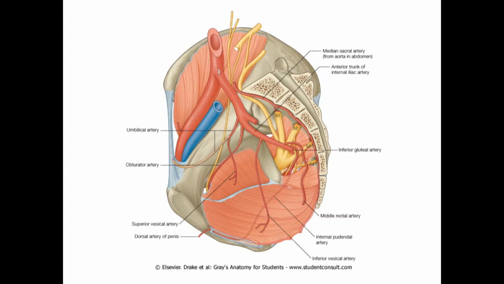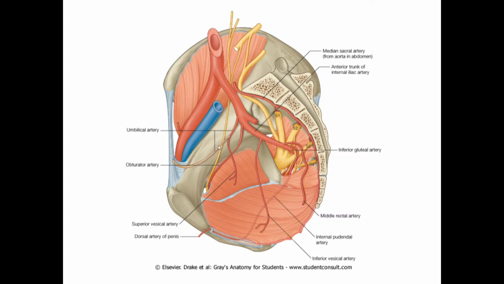This is our common iliac, then internal iliac, external iliac, posterior trunk, and anterior trunk, right? And here we are starting. This is our umbilical artery. The easy thing to remember is that the names are exactly the same as what they supply, so you can easily understand which organs each is supplying, right?